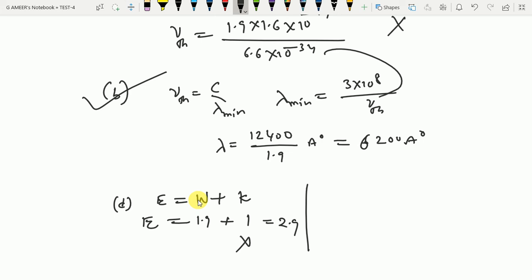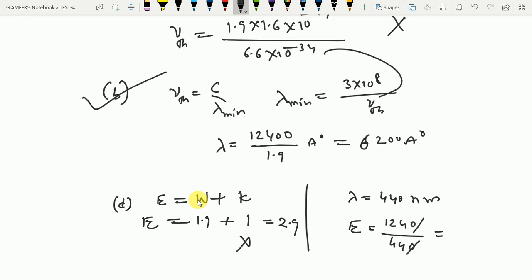What is the wavelength they have given? 440 nanometers. So energy will become 1240 divided by 440, which is approximately 124 divided by 44.